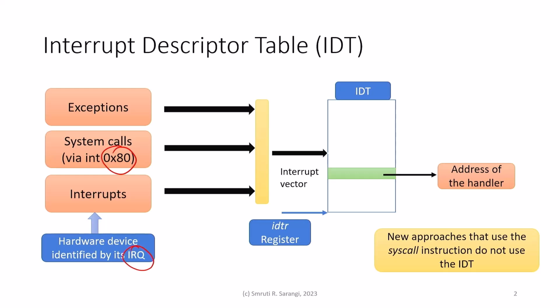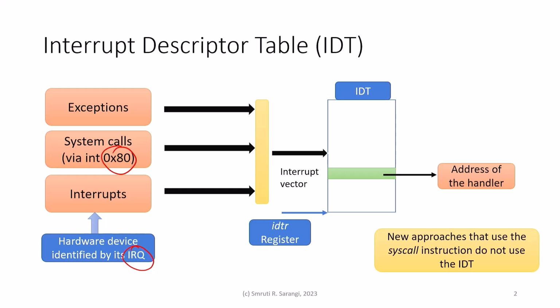The moment any such interrupt is generated, hardware interrupts have a full hardware architecture to collect them, queue them, and buffer them, and then we have exceptions and system calls. They also have an architecture, but all of them are interrupting mechanisms.